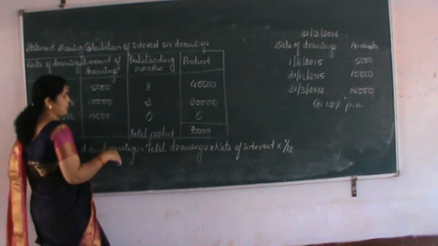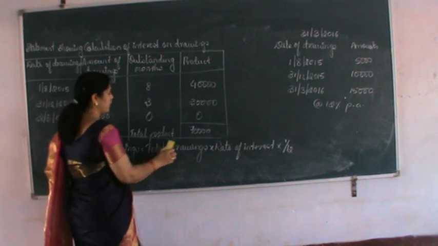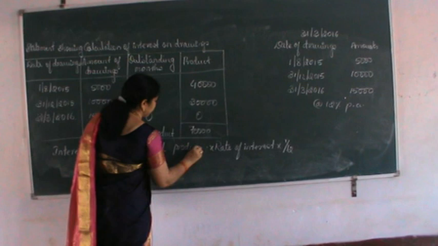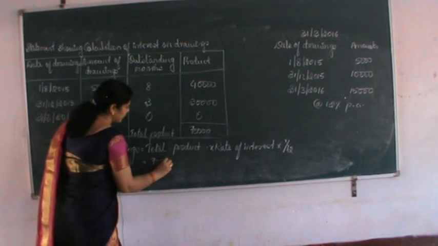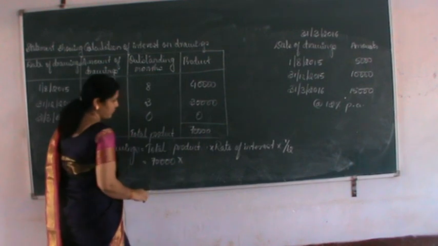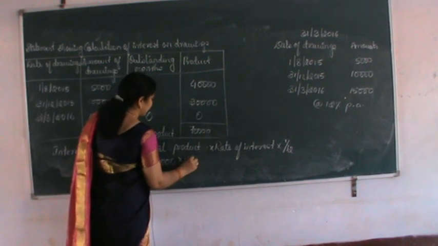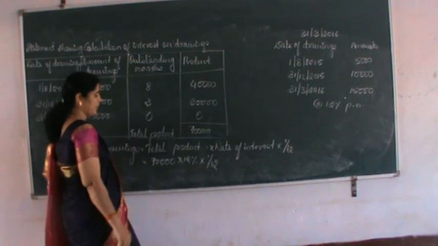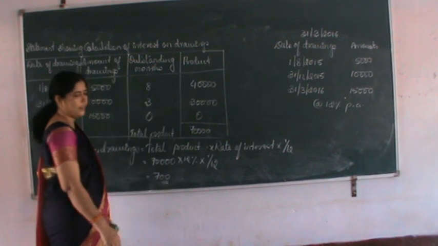So just substitute the values which you have got. Your total product is 70,000 into rate of interest, which we are given as 12% per annum, into 1 by 12. So the interest on drawings will be rupees 700.